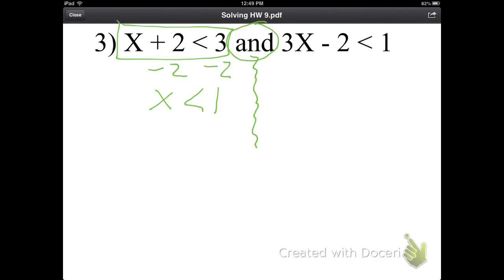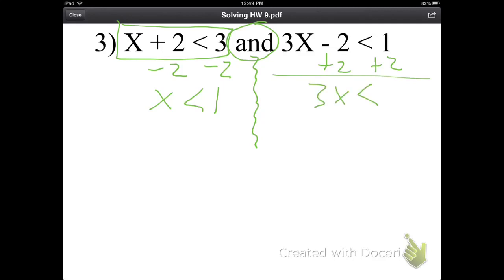The right side is more complicated, because we got 3x plus 2 is less than 1. I'm still wanting to work outside in. I want to get rid of the plus 2 first, and then I'll get rid of the 3 in front of the x. To get rid of plus 2, I'm going to subtract 2 from both sides. Left side still got 3x.